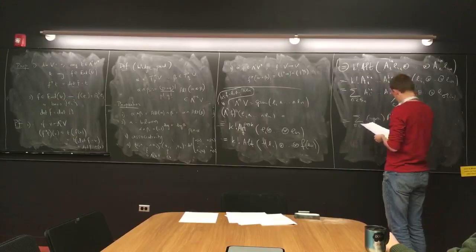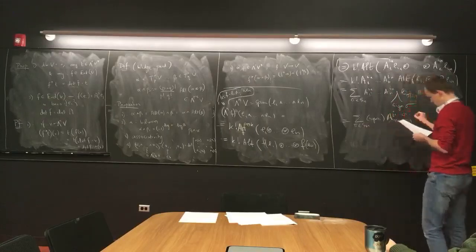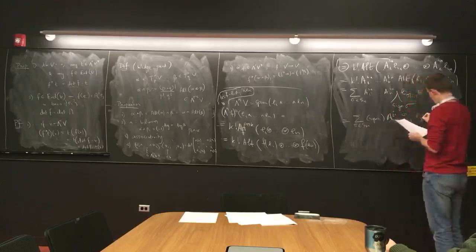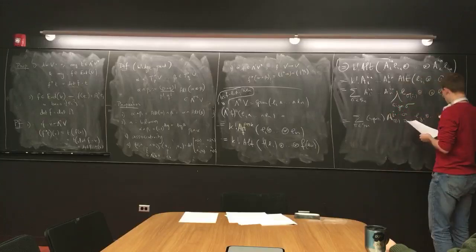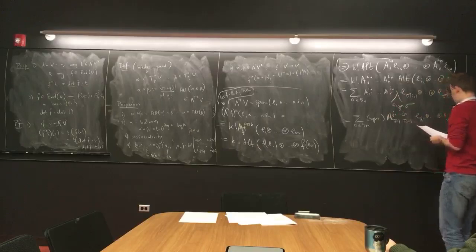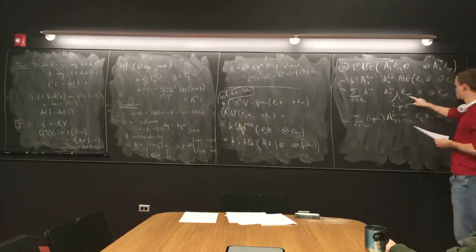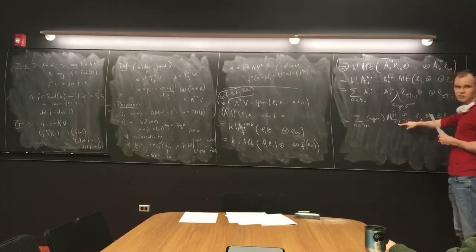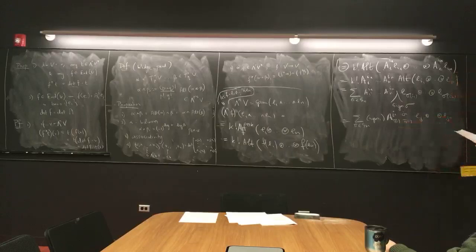So I'll do this in two steps. j1 through jn, e_{j1} again. Okay, so now I just moved the permutation over to the lower indices of A. This should be obvious, right?